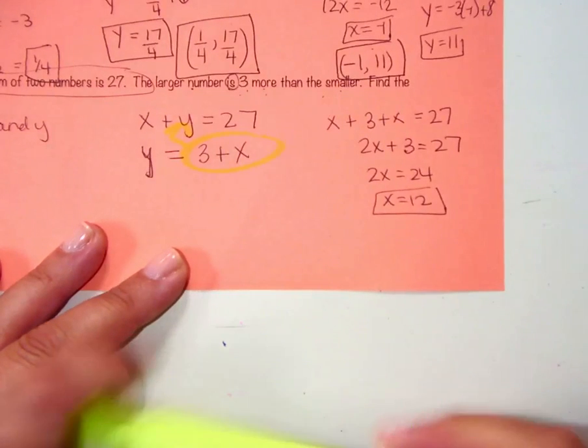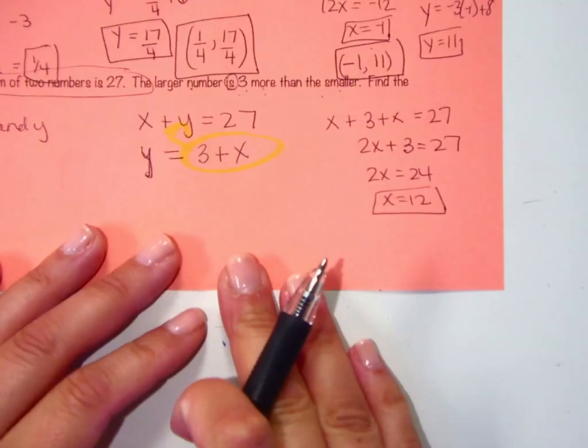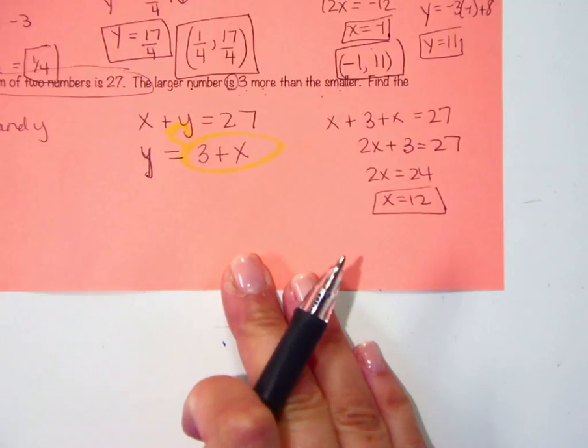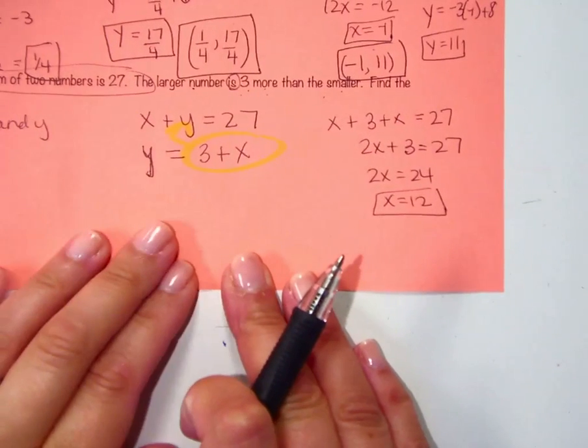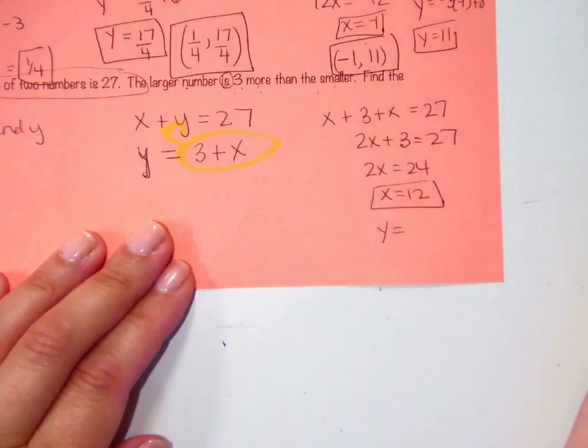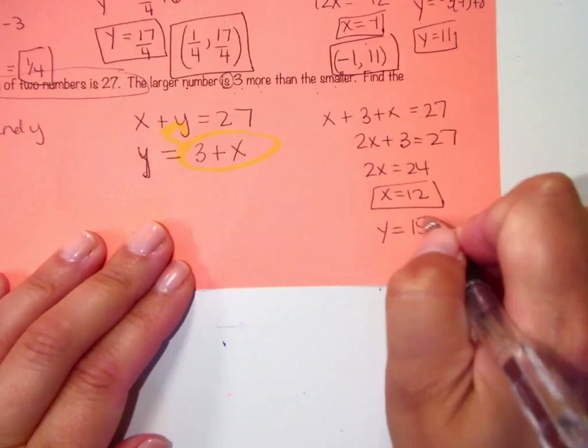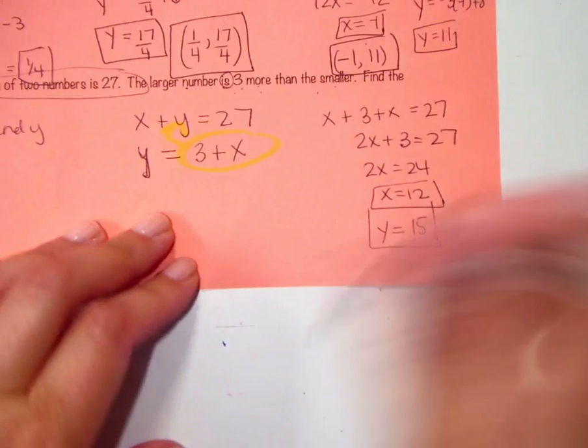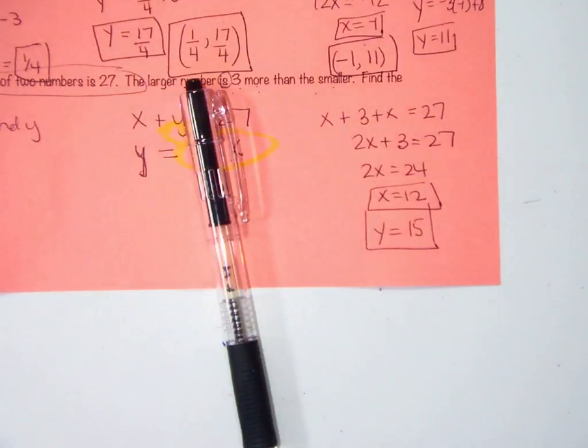So one of our numbers is 12. If our two numbers add up to 27 and one of them is 12, what does the other one have to be? 15. Very good. So no work really that we even need to do to get that other number. If you want to plug it back in, you certainly can, but what questions do we have so far?